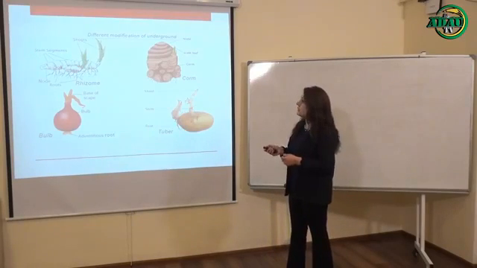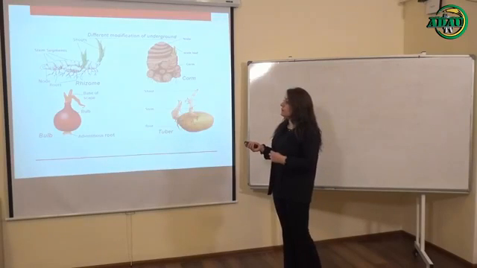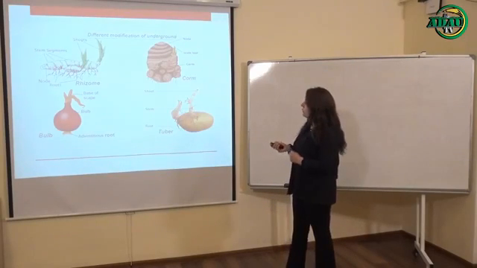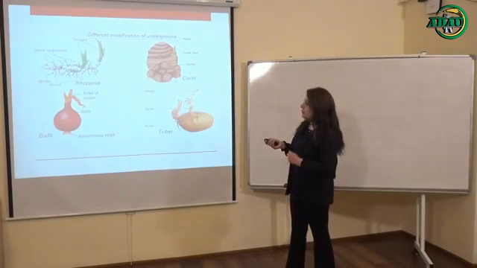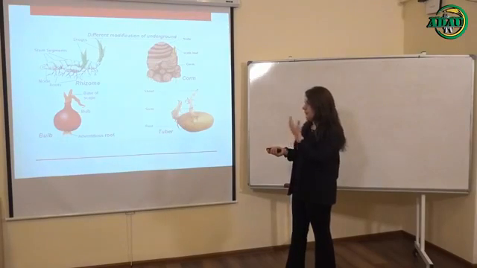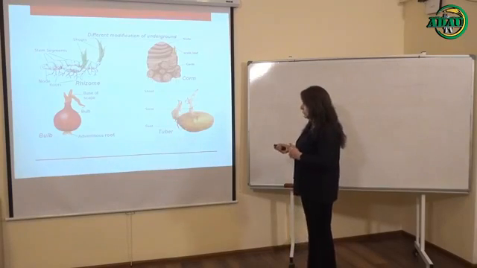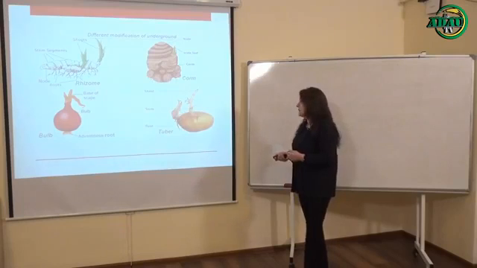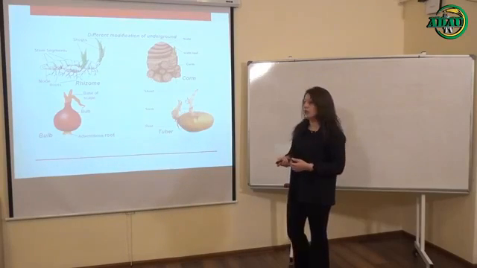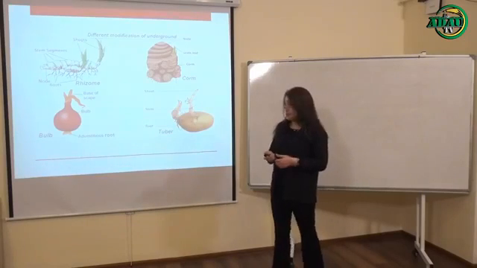Here you can see some modifications of the underground stem, for example, rhizome, corm, tuber, and bulb. Here you can see the base of the scape, bulb, and adventitious roots of the bulb of the onion. And the potato tuber, as I have already told, is one of the underground modifications of the stem.